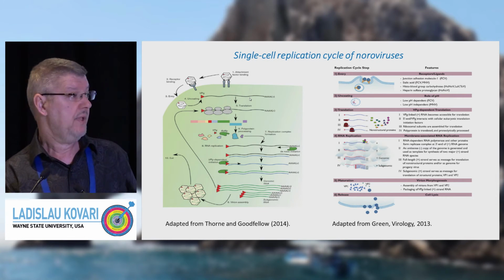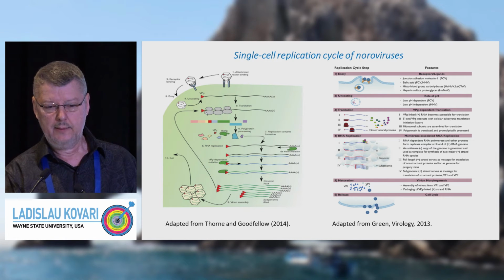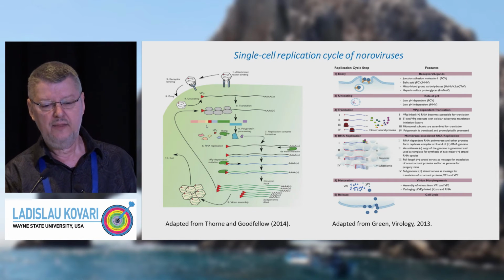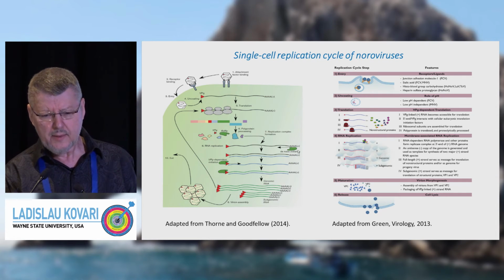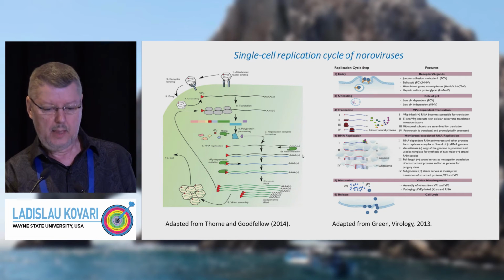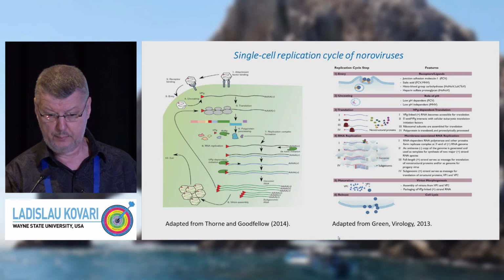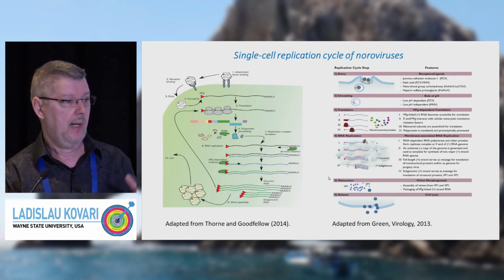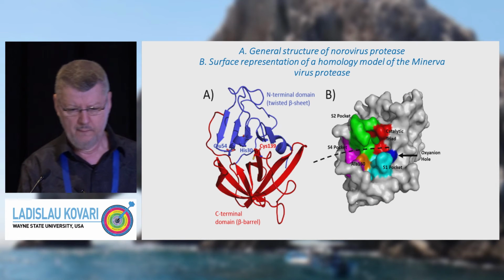And so this is a positive-strand RNA virus. The RNA is translated and then cleaved by the viral protease, and then the replication of the genome proceeds and virus particles are produced. And so the protease and the polymerase are logical steps for therapeutic intervention.